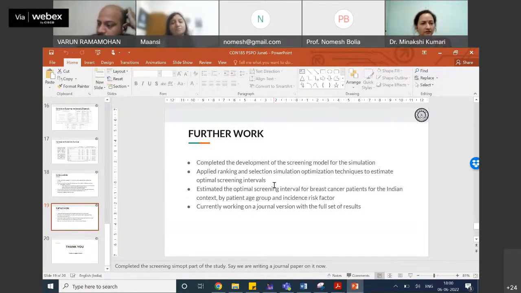Even that has not been done in this context. Second, the way we've applied it, we use a health economic quantity called net monetary benefit associated with a particular health intervention. We've optimized around that. That essentially becomes an objective function. So that is also something that is new.